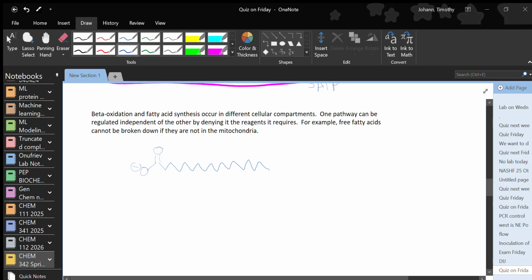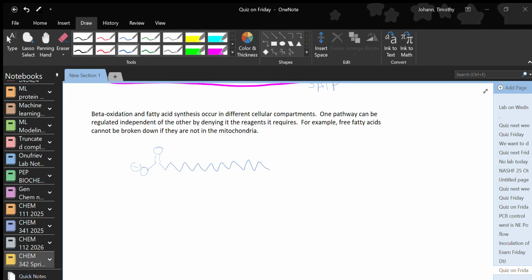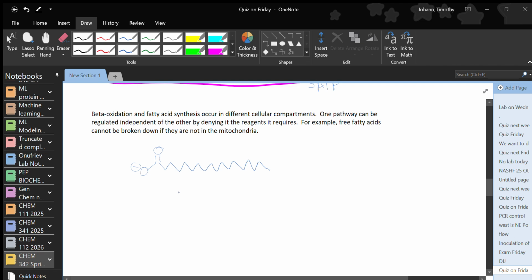If I'm going to stick that on a CoA, I'm going to need to get that oxygen to leave, right? This is going to be a lousy leaving group. You could protonate it and be a somewhat better leaving group, but still not a great one. So what do we generally do? We stick something else on. What do we generally stick on? Something from ATP. In this case, we're going to stick an AMP on.